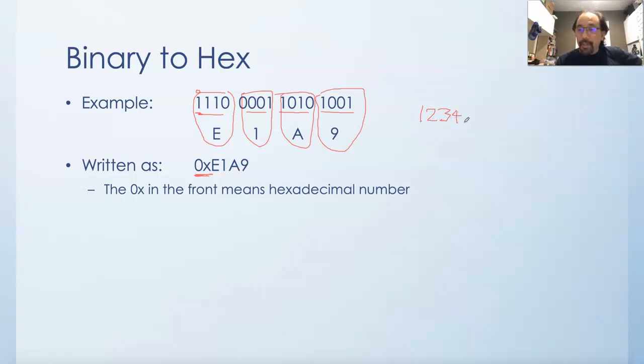What base is it? So you could put a little subscript here like we learned in the last lesson. Or this new concept is we put a 0x in front of it as a way of indicating that it's hexadecimal. This is very convenient because in some text editors, it's a little hard to create this subscript 16. So instead of doing that, we just type in a 0x.